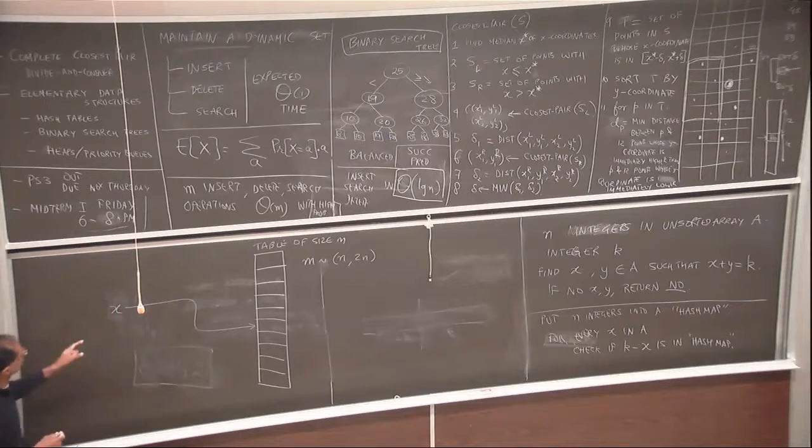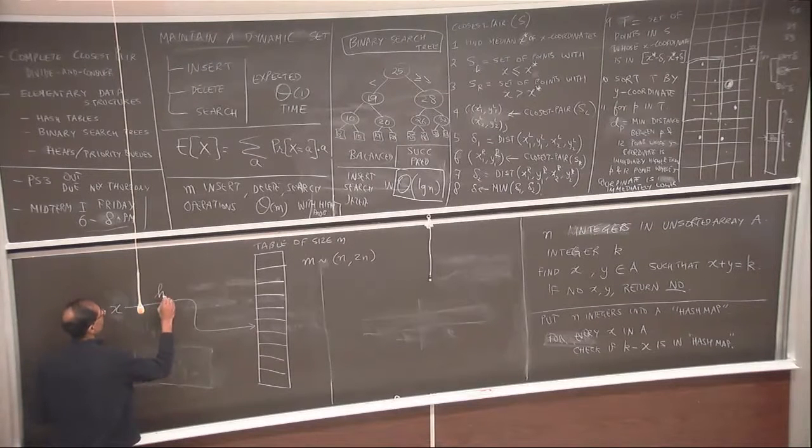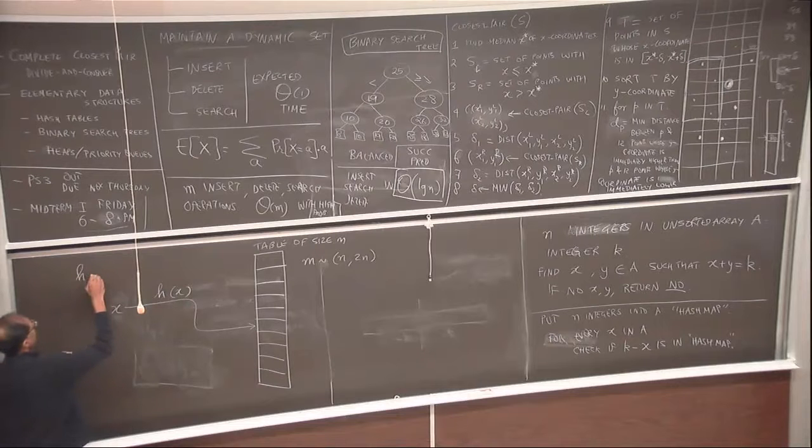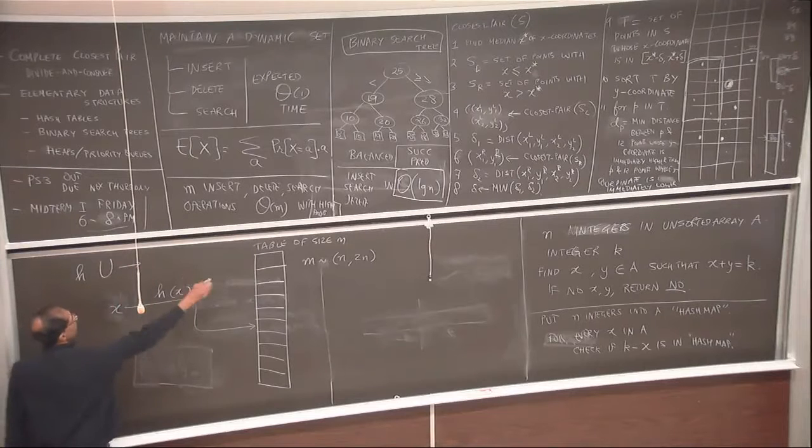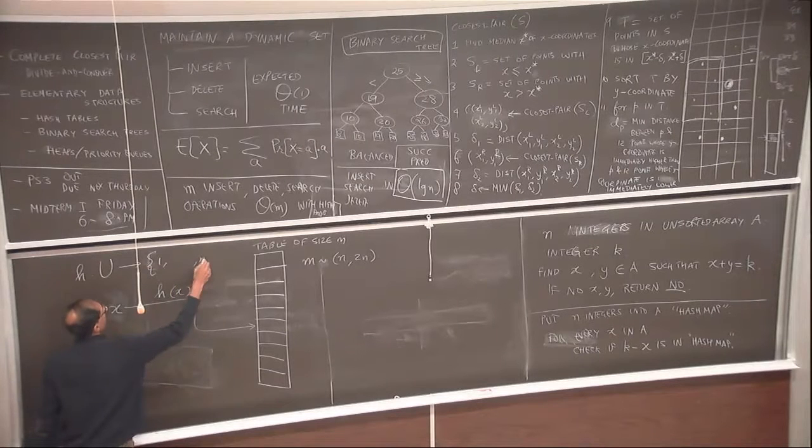Good. So this function that you apply to determine where you're looking is what's called the hash function. So h is a hash function that takes a particular domain, in this case the domain of numbers or whatever you want to think of, let's say it's called the universe, and maps it to 1 through n.